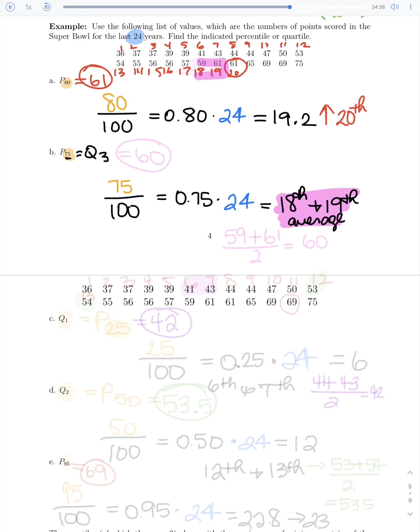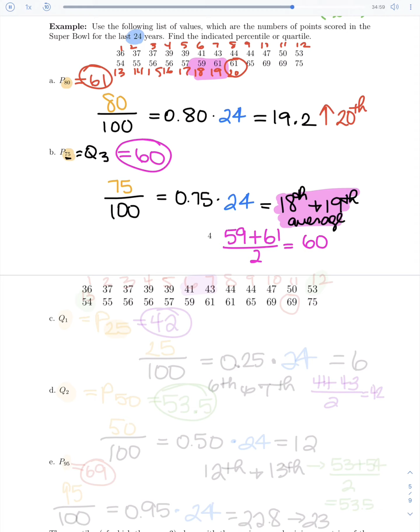Well, the 18th and 19th numbers are the 59 and the 61, so we'll take those two and average them. So 59 plus 61 divided by 2, that's how we average, will give us 60. So our 75th percentile, or third quartile, is the value 60.